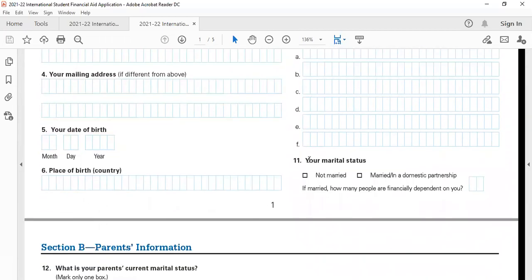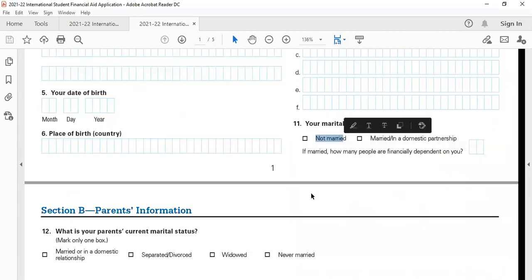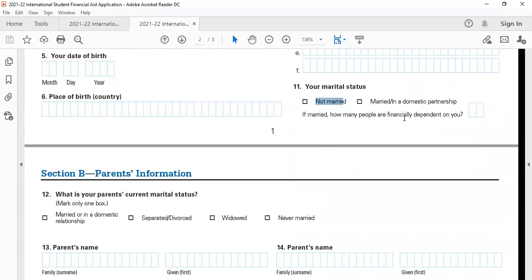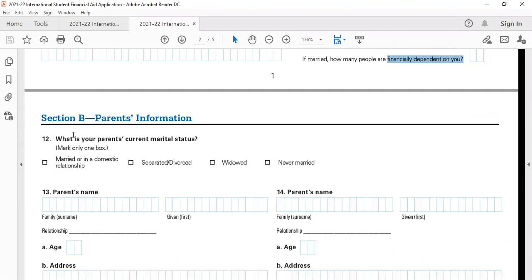Your marital status. So for most of you, I believe you are not married, so you can tick this off. If you're married, then how many people are financially dependent upon you? Again, you can mention if you have any children or if your parents depend upon you. What is your parents' current marital status?